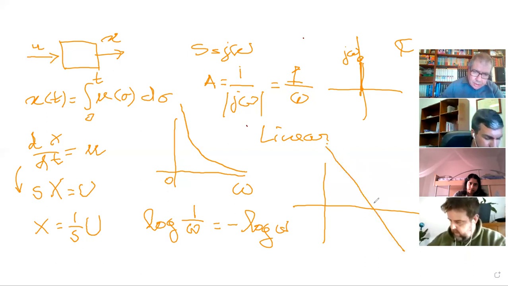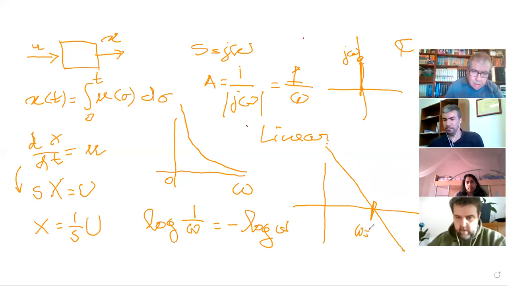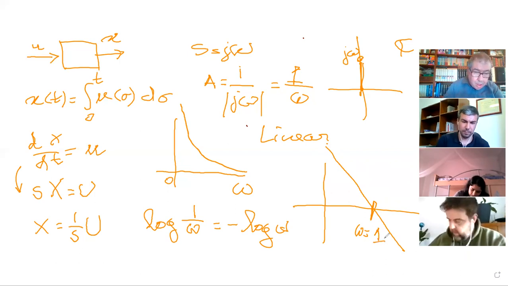What is this value of frequency? Omega is equal to 1. Okay, and you have this straight line.